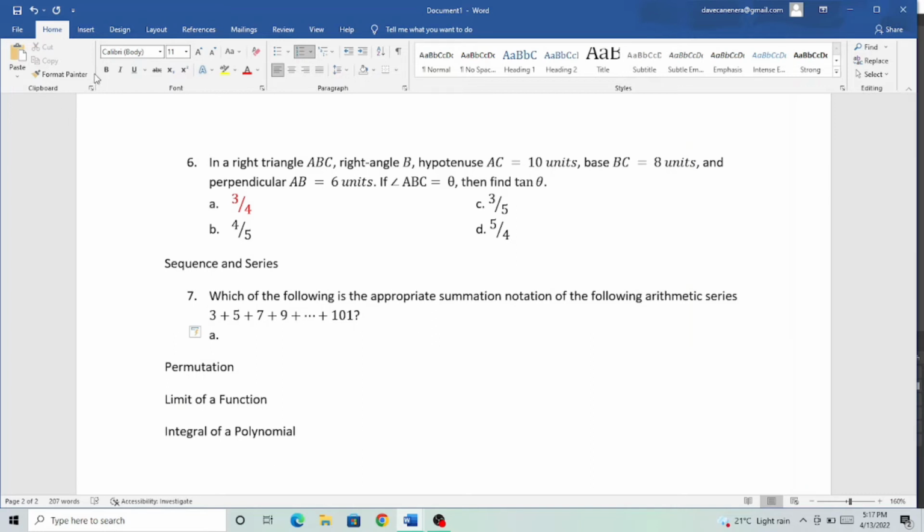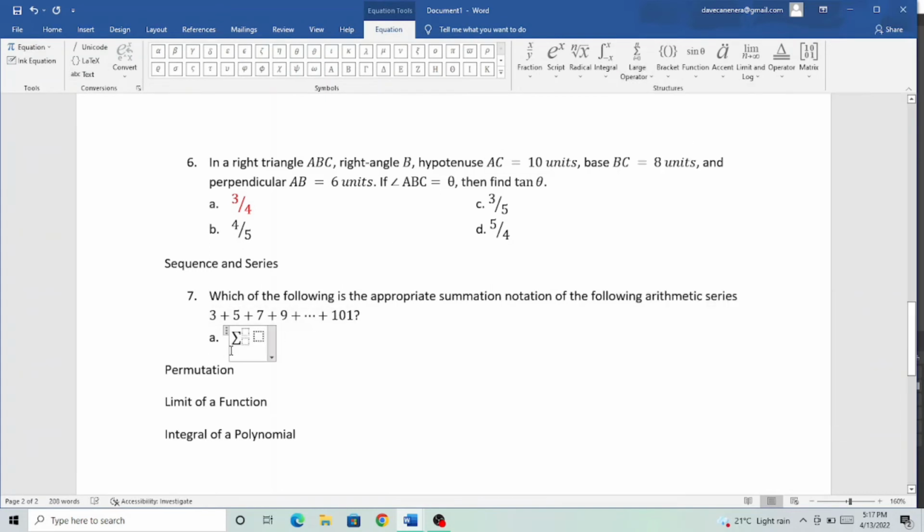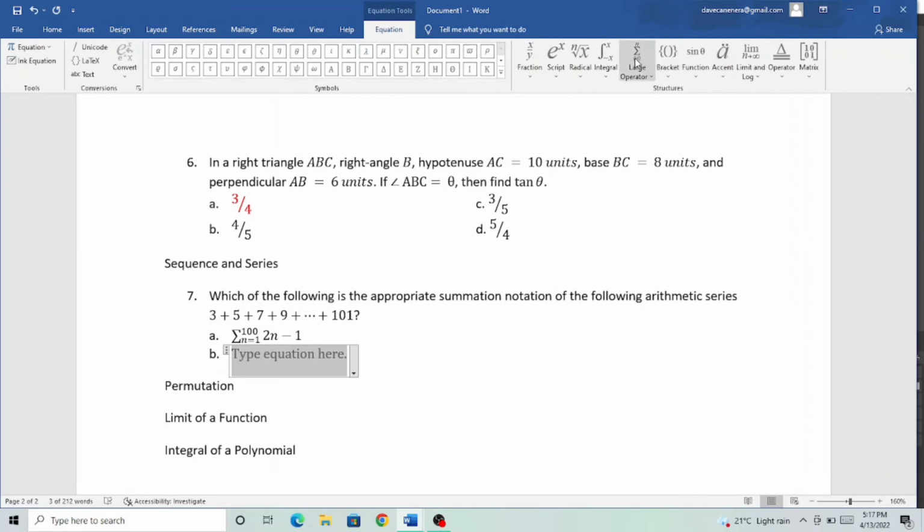Let's use the summation notation here. Large operator there. Let's say n equals 1 up to 100 of 2n minus 1. That's right. Let's use another operator. Say n equals 1 up to 50 of 2n plus 1.